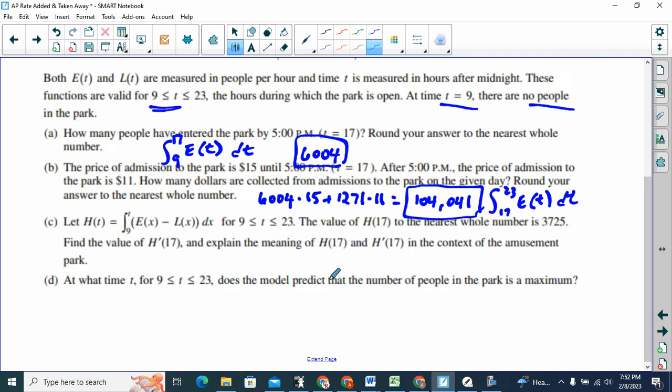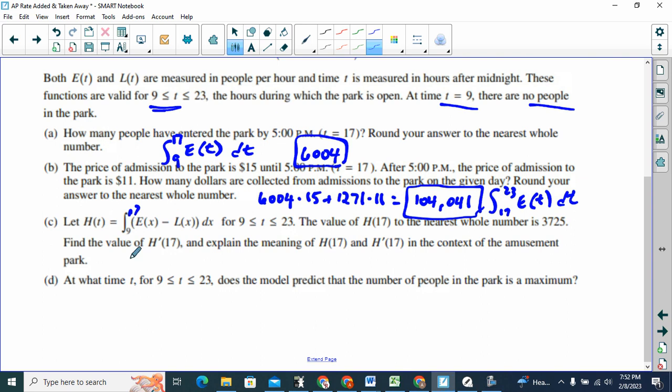We need to find what h prime of 17 is and explain the meaning of both h of 17 and h prime of 17. So h of 17, we have an equation for h of x. So if I plug in 17 here, notice we would be integrating from 9 to 17 of E of x minus L of x dx. So we are taking the rate added minus the rate removed, and we are integrating it.